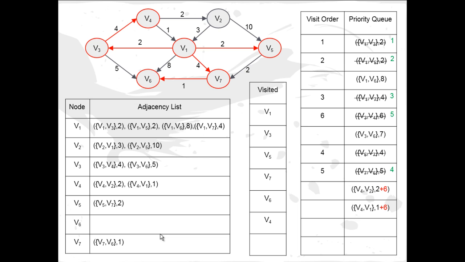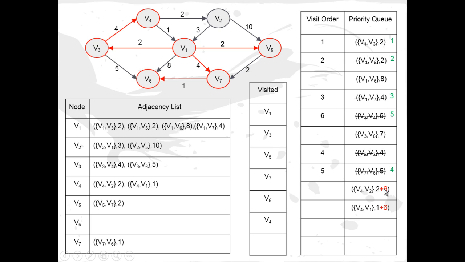We do the same logic, so it's going to be V3 V4, and then we add V4 to our visited list. We add the adjacency list of V4 to our priority queue, and the cost of going to V4 was 6.